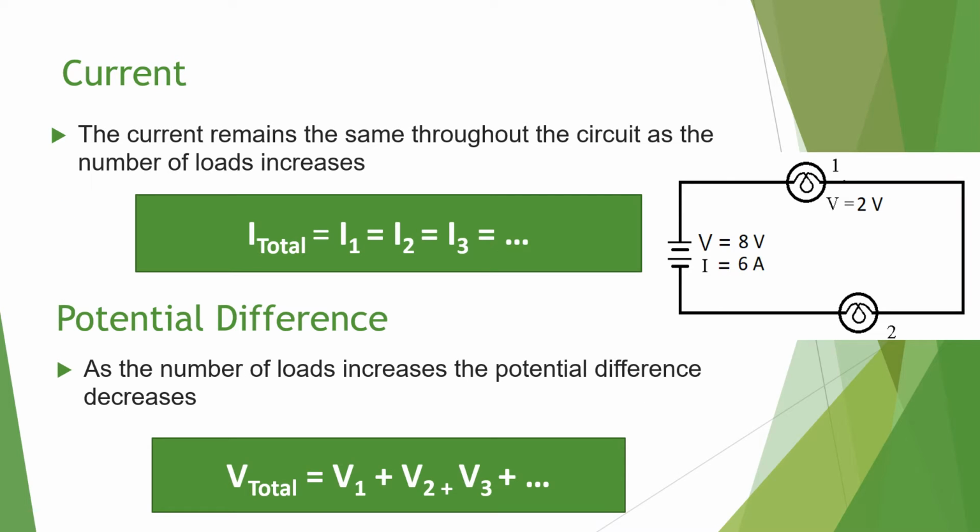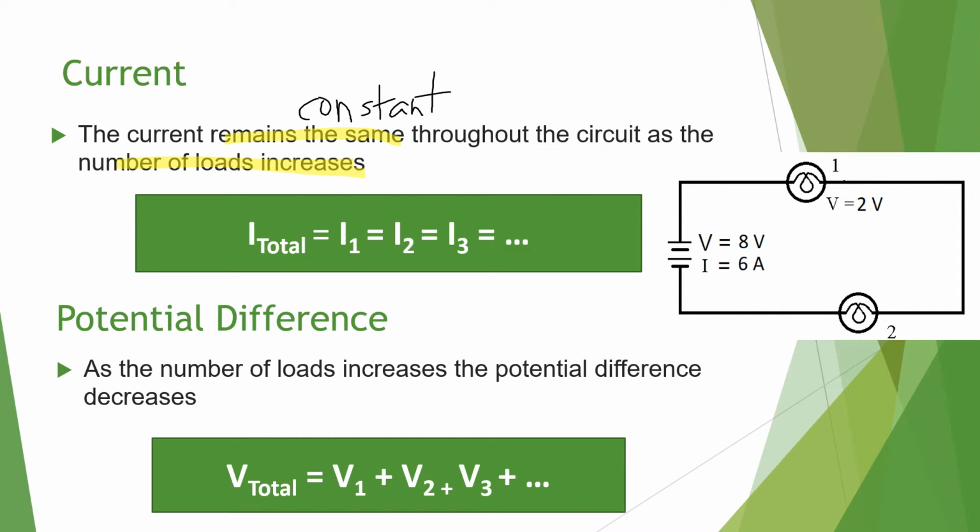Okay, so this slide is specific to series circuits. The current in a series circuit remains the same throughout the circuit as the number of loads increases. What this is saying, guys, is that in a series circuit, where there's only one path for electrons to flow, the current is going to remain the same, or stay constant, no matter the number of loads.